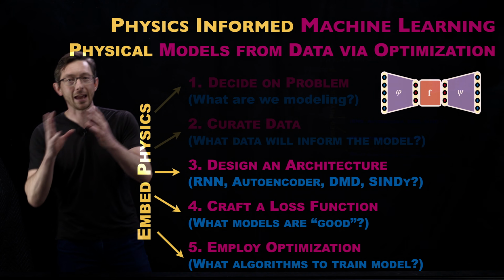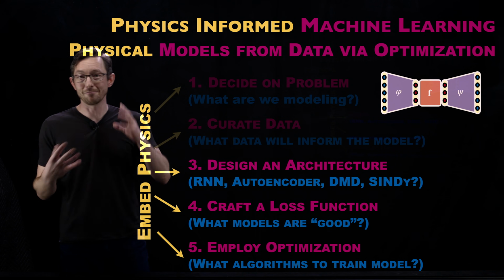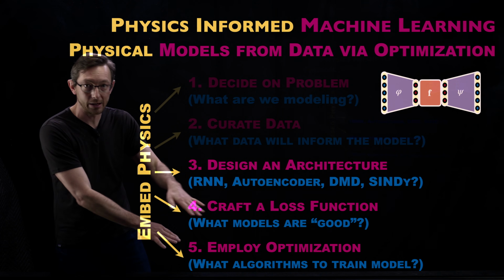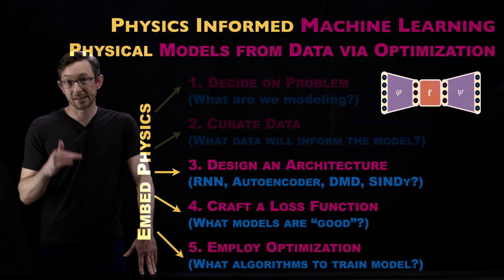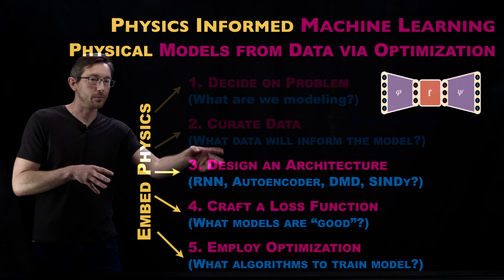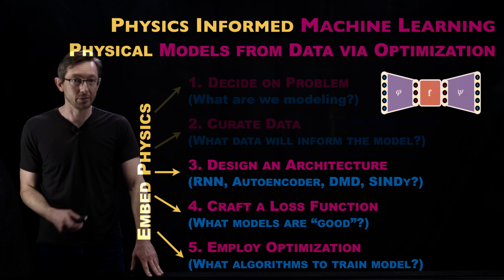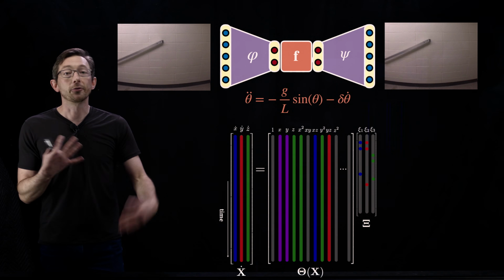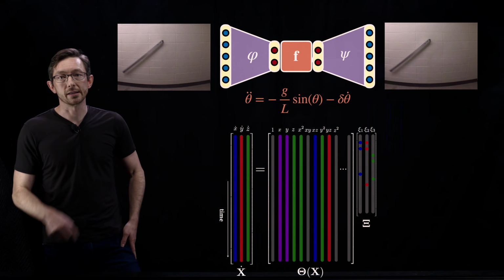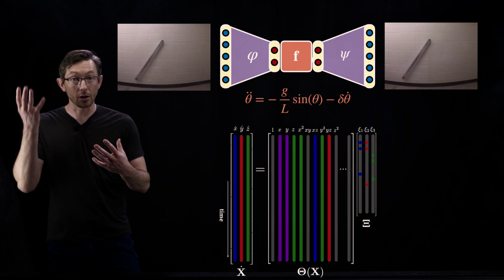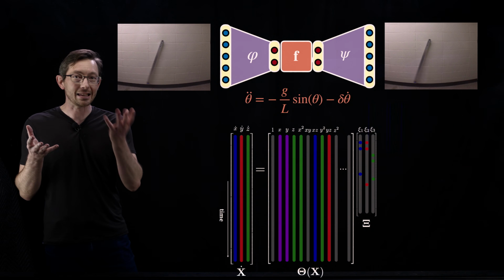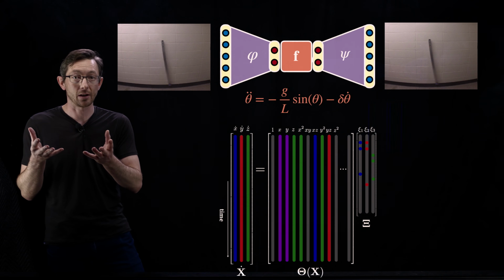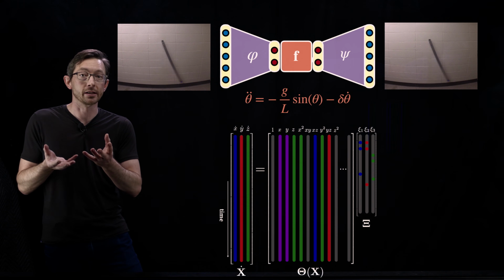So I try to kind of categorize different machine learning methods into these three stages, but really a lot of them cross over. There's a lot of overlap between these stages. So for example, one of the problems we tried to solve is discovering coordinate systems and dynamics, differential equations that describe how the system evolves in those coordinate systems.